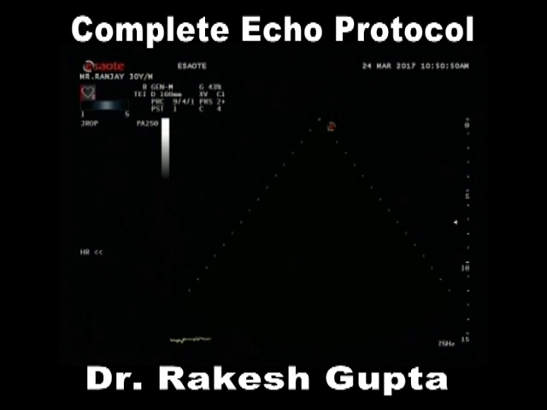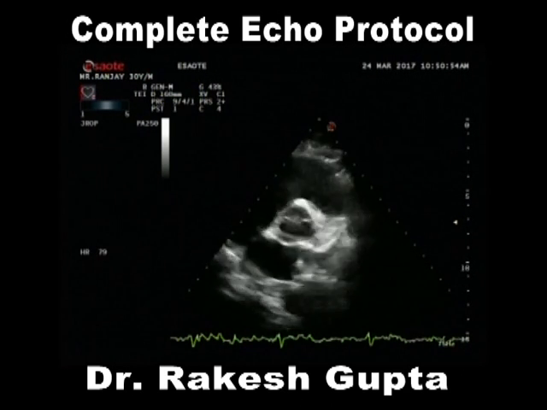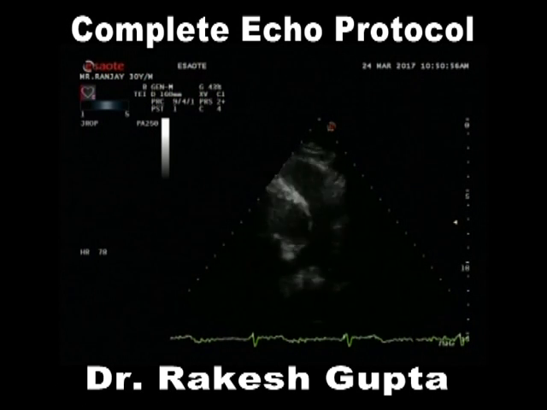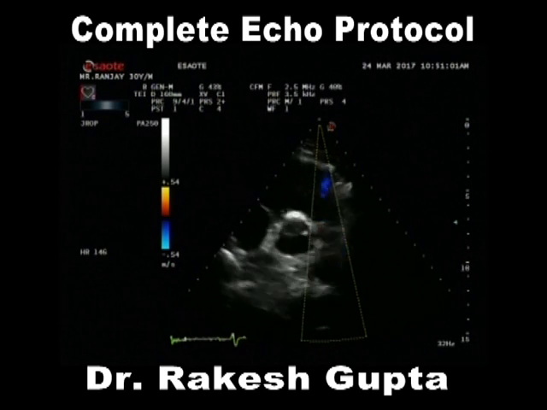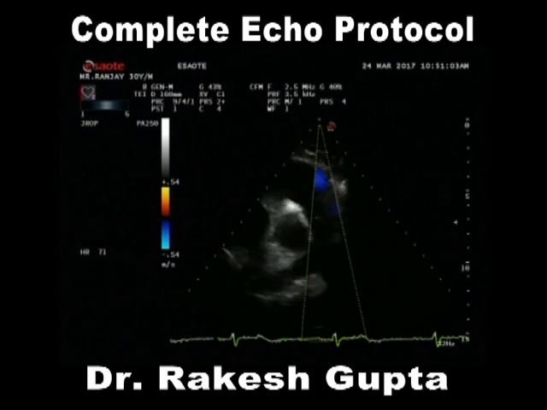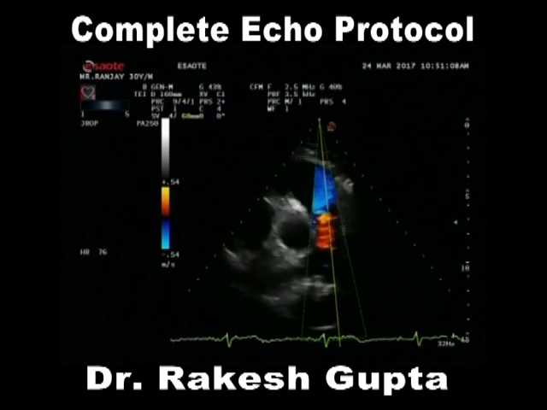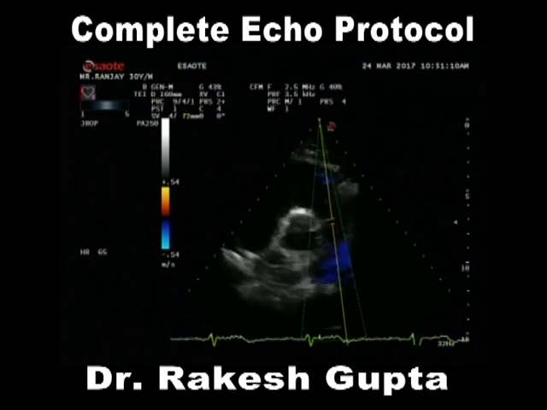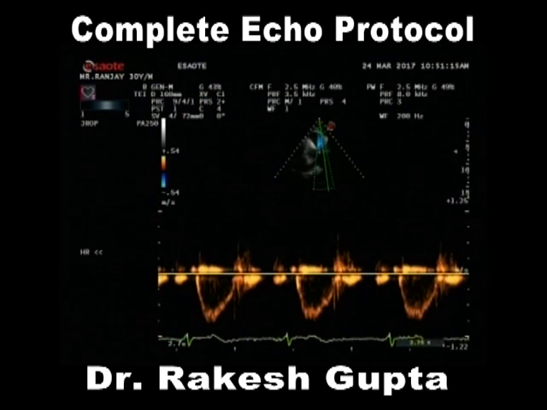Once we have done this, we rotate our transducer by 90 degrees, and first and foremost we look at the pulmonic valve. By switching on the colors, we know whether this patient has pulmonic stenosis or not. If not, we put our sample volume distal to the tip of the pulmonic valve leaflets and switch on the pulse wave. Now my pulse wave is able to capture all this velocity. Go to measure and let's see how much the pulse wave velocity is.